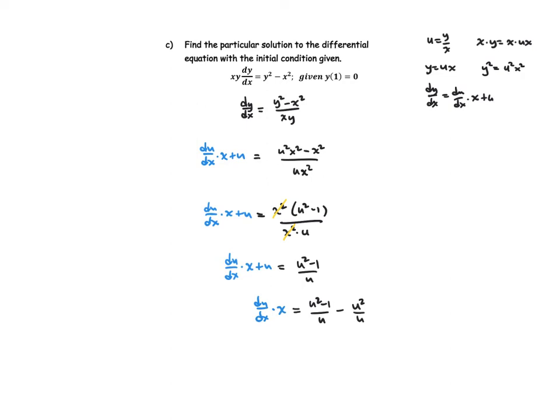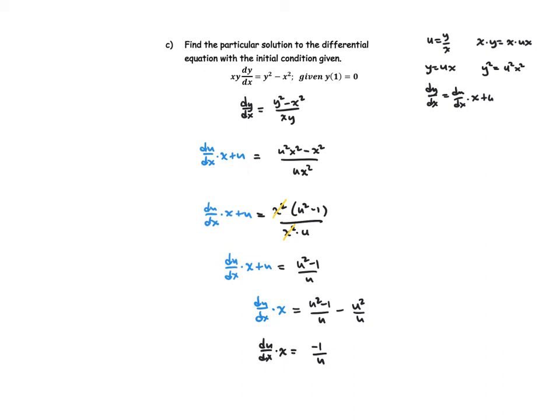So let's continue this. Simplifying, du/dx times x is equal to, well, u squared minus u squared is just 0, so I'll get a negative 1 over u. Let's make sure that we've got all our algebra appropriately defined here.